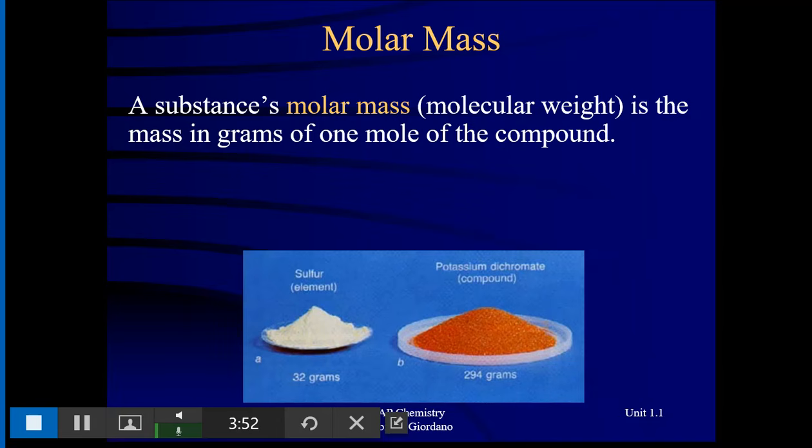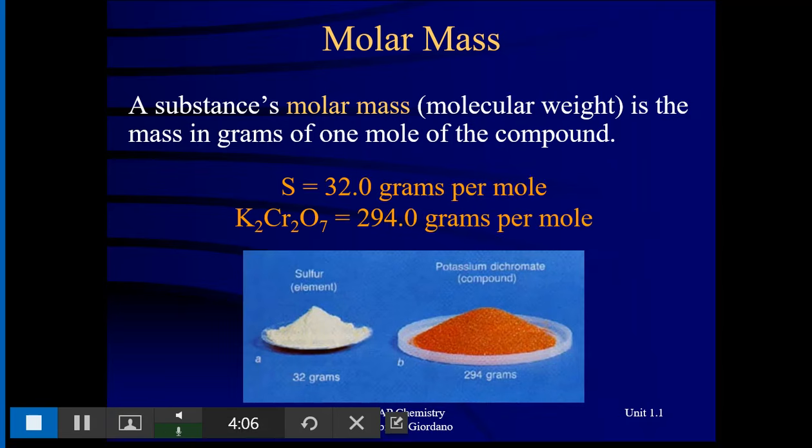And in this picture in front of you, you have two different substances. Sulfur is on the left, potassium dichromate is on the right. This picture is showing you 1 mole of both of these. But you'll notice the number and quantity, they look very different, okay?